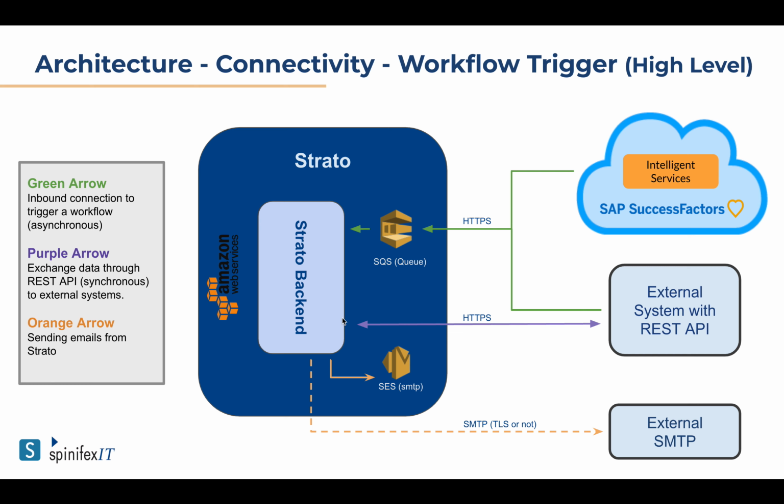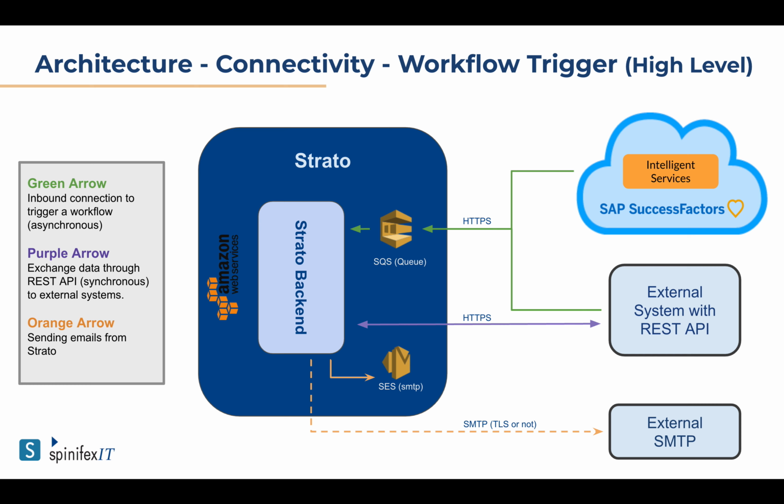We have a few customers now that are using Strato workflow to populate data in a ticketing system, for example. We have one with Microsoft Dynamics, and we just recently did it with Jira. So Strato can call an external system to either put data or retrieve data.